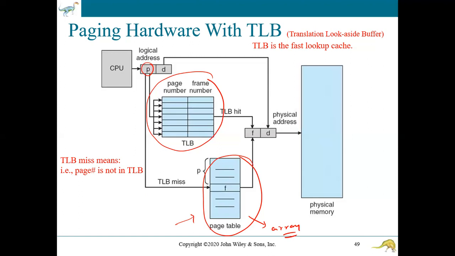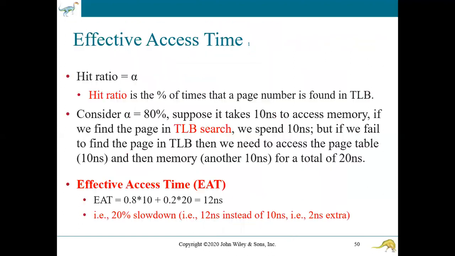So first you look at the TLB. If it is a hit, you found it already, and it is significantly faster than looking at the page table. That's why you don't want to access the page table every time. Do you agree with me?